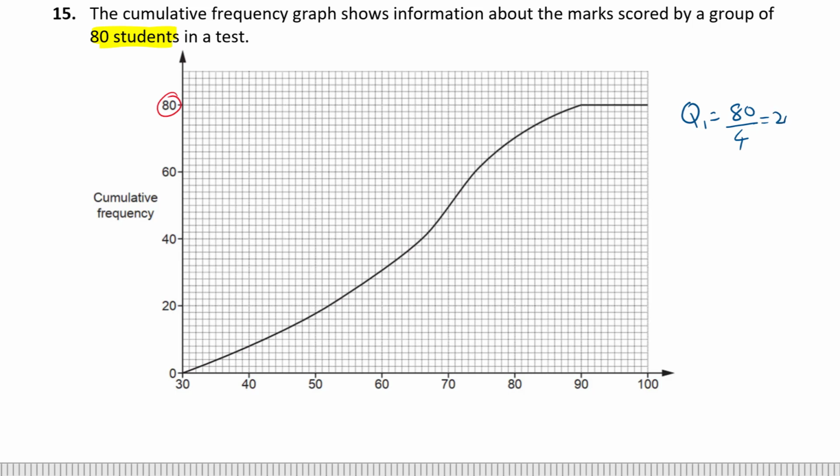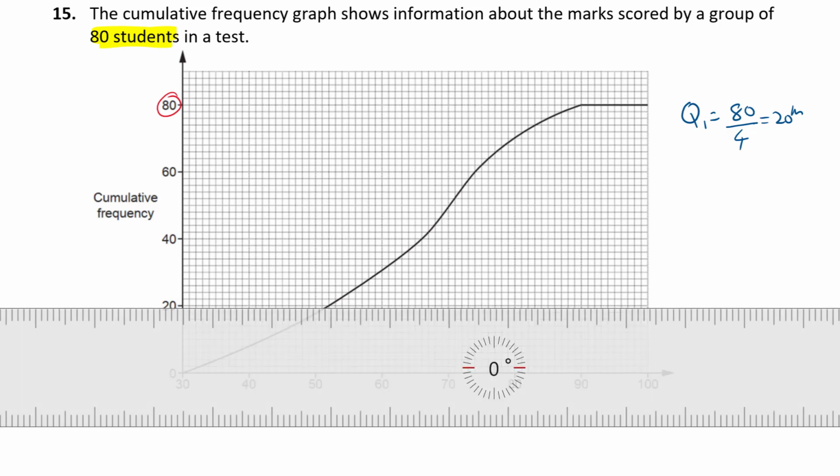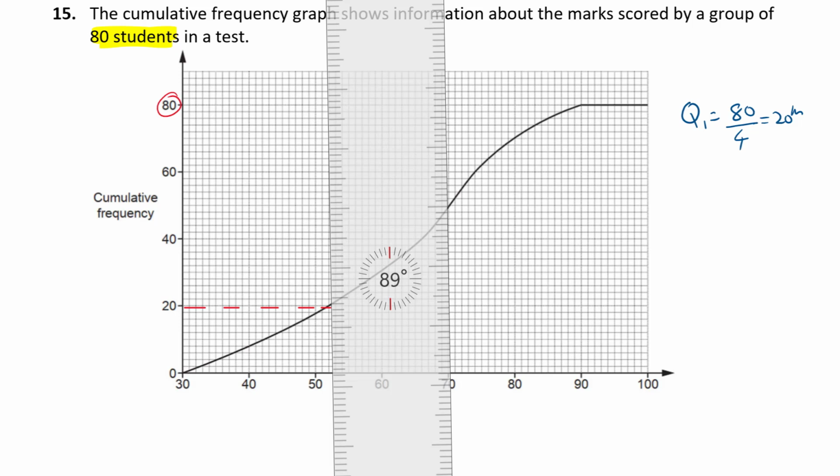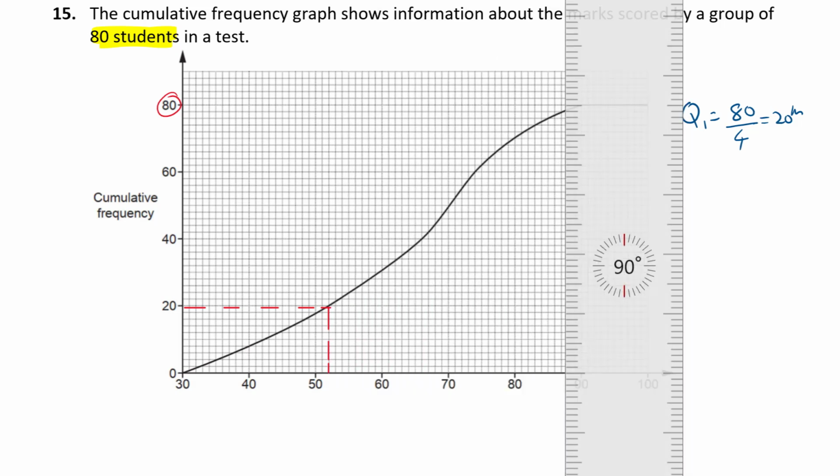So our Q1 is going to be the 20th value in our data set. It doesn't mean that Q1 is equal to 20. It means that if I find 20 on my cumulative frequency curve, draw along till I hit the curve, and then switch directions and draw down, that is going to be my Q1 value.